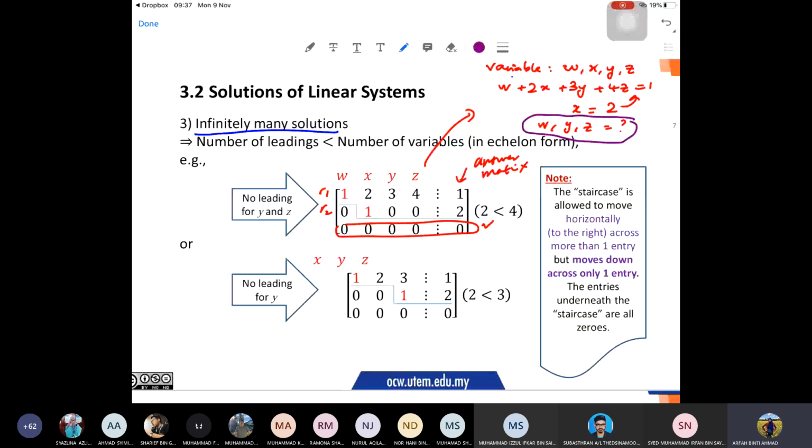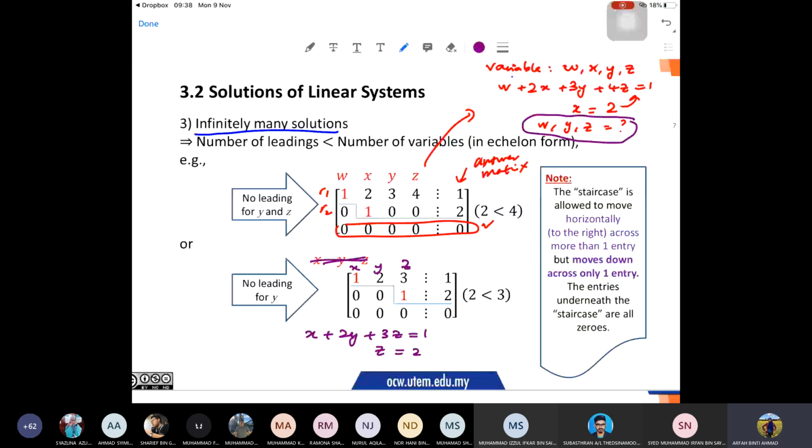Okay, you have this is your X, this is your Y and this is your Z. So X tambah 2Y tambah 3Z sama dengan 1. Then persamaan kedua Z sama dengan 2. Okay. So daripada sini apakah penyelesaian untuk X dan juga Y?